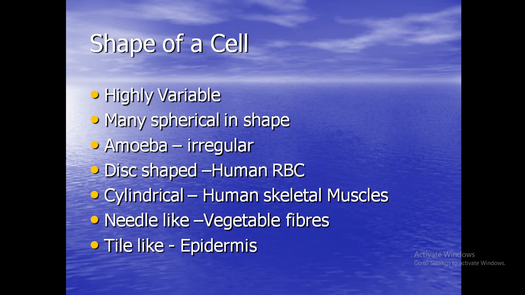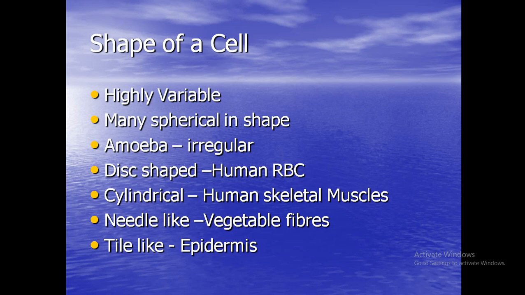Then some of the cells are disc shaped, for example, the human RBC. Some are cylindrical, like the skeletal muscles. Needle like, in plant, in vegetable fibers, these cells are like needle fibers. Sometimes the cell may appear as if the tiles are fitted on the floor.